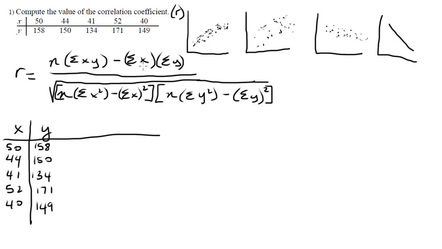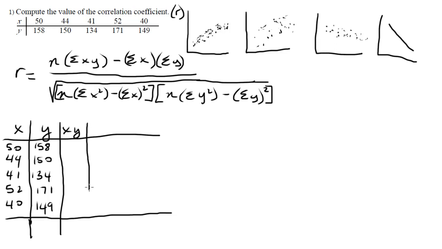So I need the sum of the x's and the sum of the y's. This last row is going to be dedicated to the sums. I need x times y because I'm going to sum that. I need x squared. I need y squared.